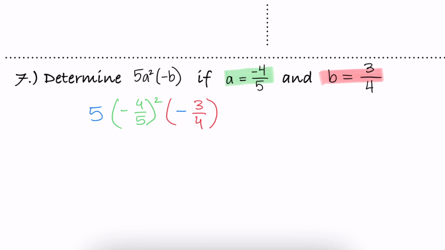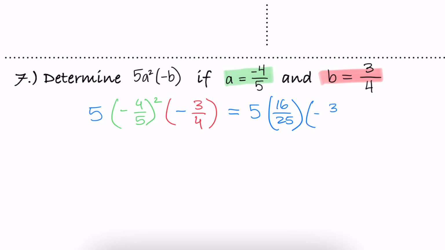Now, if we evaluate this, 4/5 squared is 16 over 25, since we're squaring the numerator and the denominator. So 4 squared is 16, 5 squared is 25, and we're still multiplying by that negative 3/4. I'm going to do a little bit of canceling here as well. 5 goes into 25 5 times, so this turns into 1, and this turns into 5.